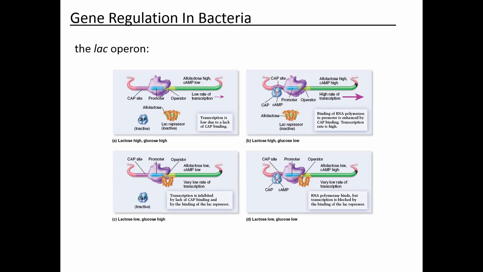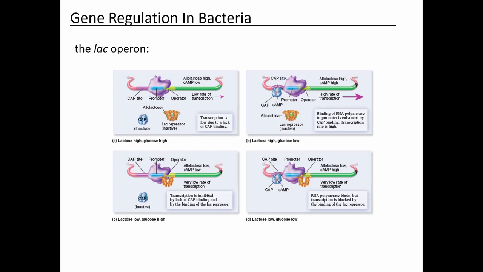Okay. And then we're going to go down to the lower right-hand corner here. This is a situation where the environment lacks both nutrients. So that would be the third situation here, minus glucose minus lactose. In this situation, because you don't have glucose, you are going to be producing cyclic AMP. Cyclic AMP will be bound to CAP, and so CAP is active and bound to the CAP site.